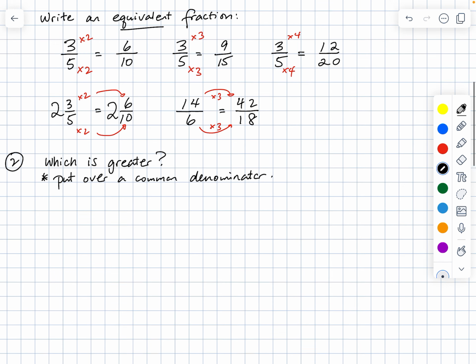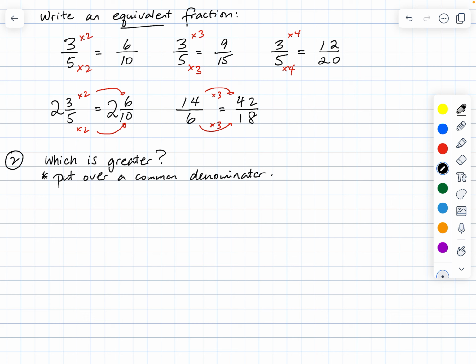I also want you to write a note to yourself here that this involves accessing and applying your divisibility rules again, as well as perhaps thinking about the lowest common multiple, or the lowest common denominator in this case of the two numbers, okay?